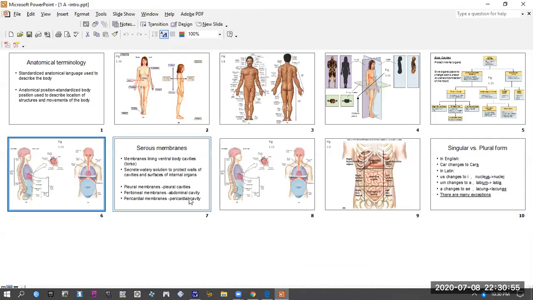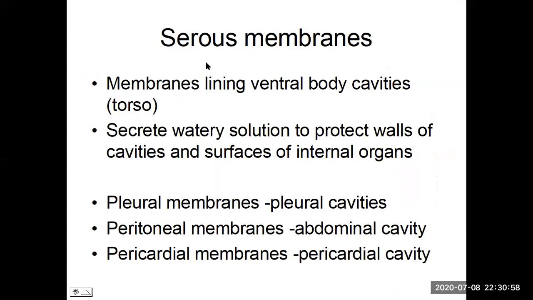So again, those pertain to the serous membranes that are found in our ventral body cavities, specifically the pleural cavities, the pericardial cavity, and within the abdominal cavity, there's a more specific term, peritoneal cavity, and that's where the term peritoneal membranes come from.